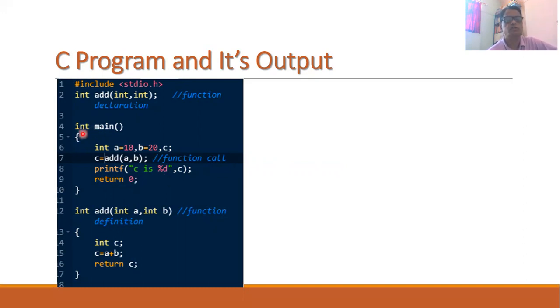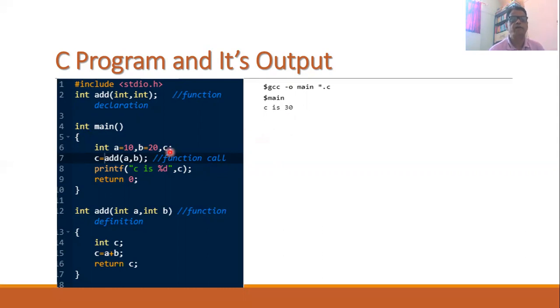So when this program has to be executed, you need to have an appropriate compiler installed on your computer, or you can go online and search for a C compiler. You will find that in the text editor window, you need to type this program without any mistakes, and when you press the execute button, at the output you will get c is 30.